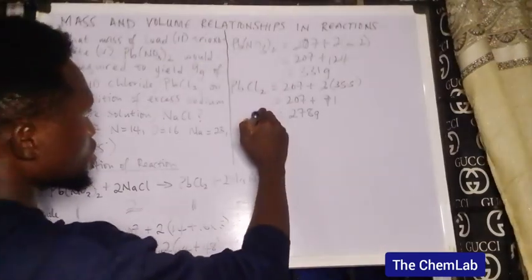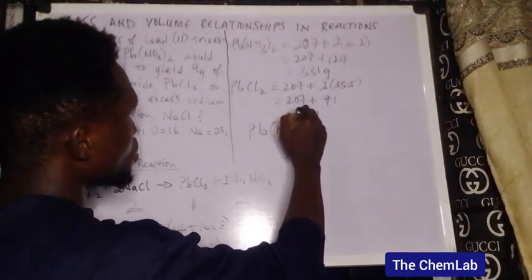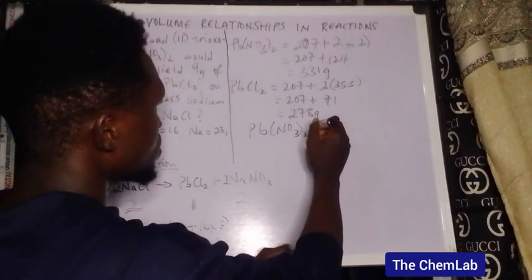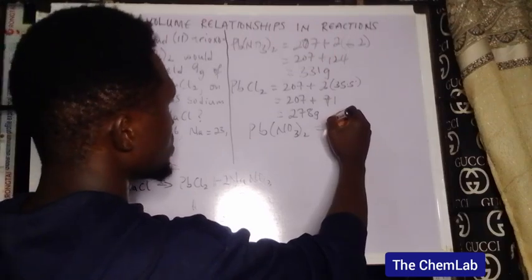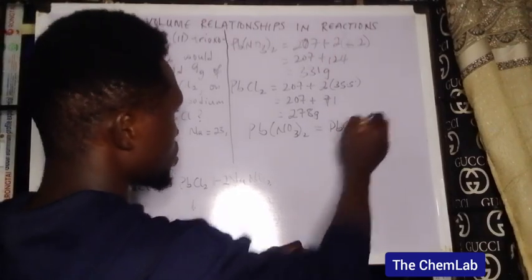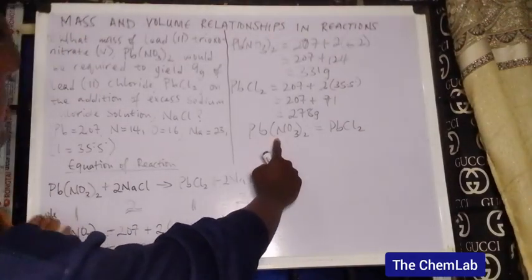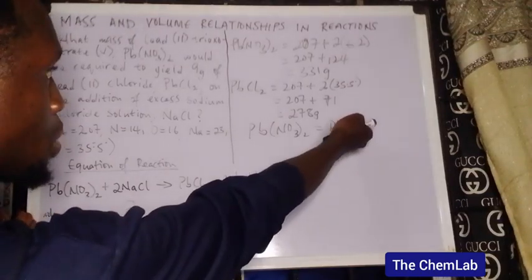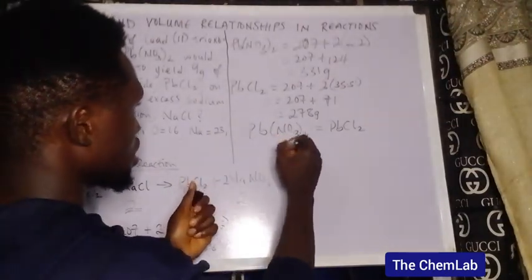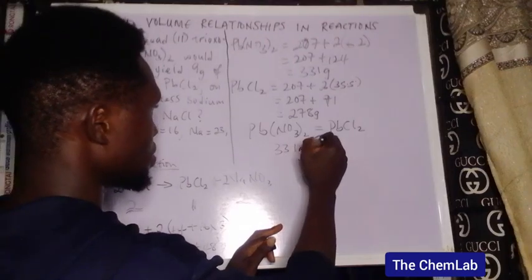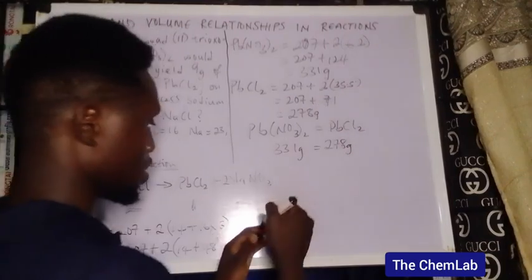So let's see. We have Pb(NO3)2 and then PbCl2. You understand why I wrote it this way? Pb(NO3)2 is on the reactant side, while it produces PbCl2. And the molar mass of this is 331 gram, equal to 278 gram.